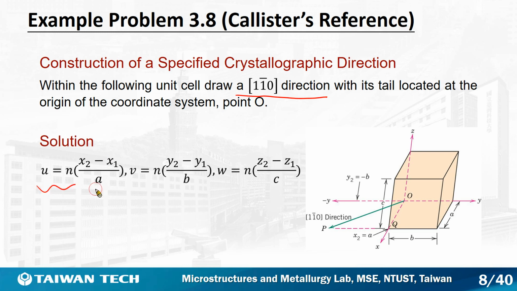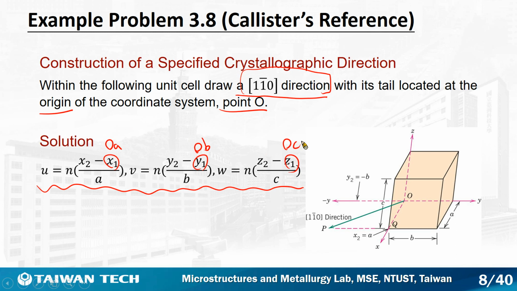You use these equations, and for a directional index, you need to know 2 points, right? So, for example, here we will tell you that at least 1 point, so you can get the drawing here. So the 1 point will be origin.